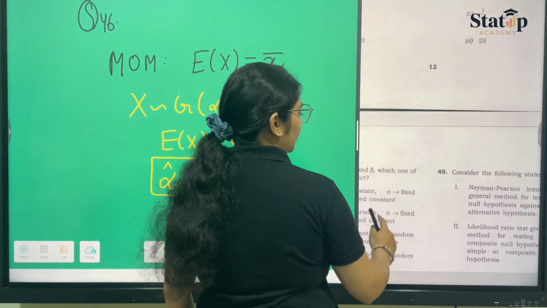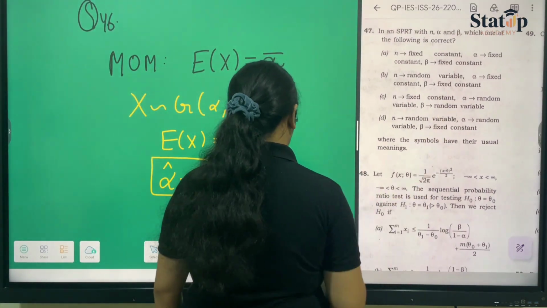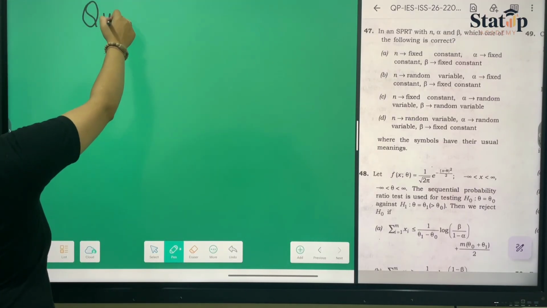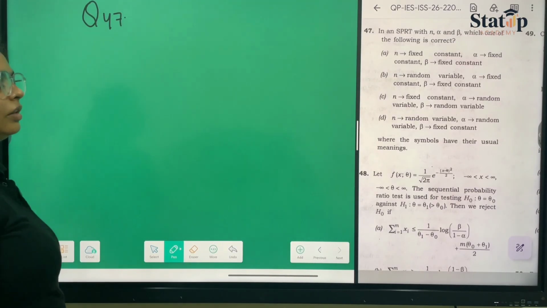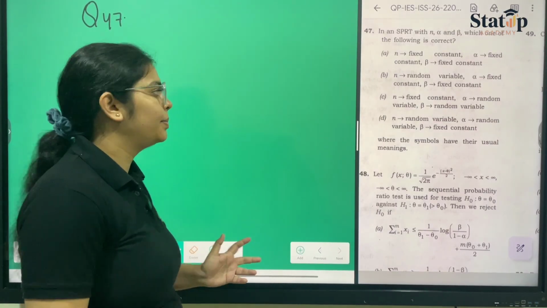Okay. Now moving forward towards question number 47. 47 is again about the assumptions of SPRT.